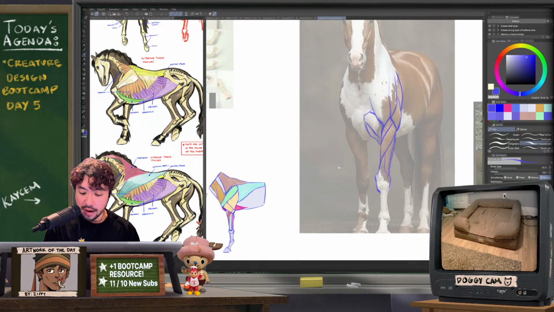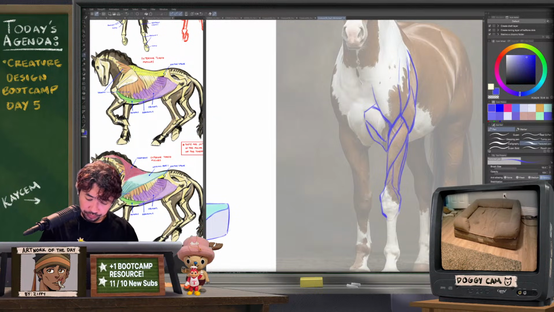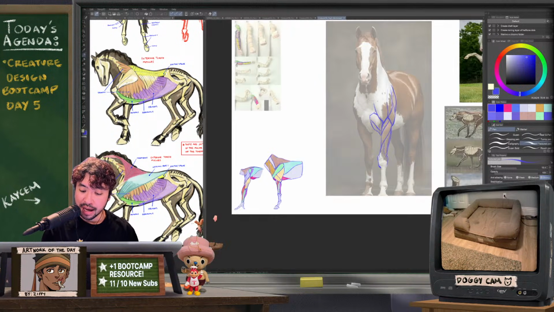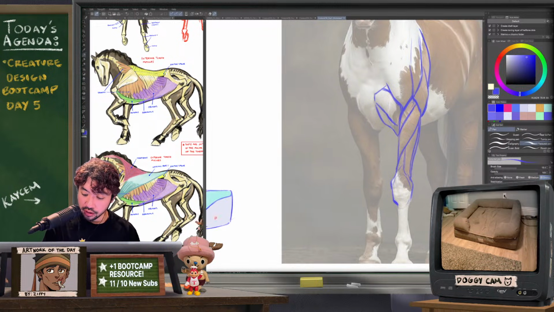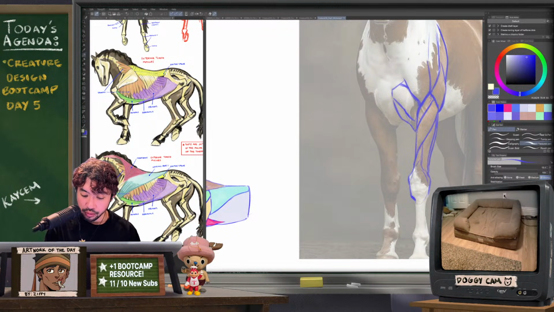What I've come to learn is that what's really nice about studying animal structure is that this arm right here, this arm of the horse, can actually just be broken down into this zigzaggy shape like this.